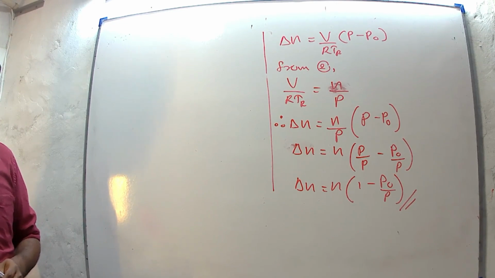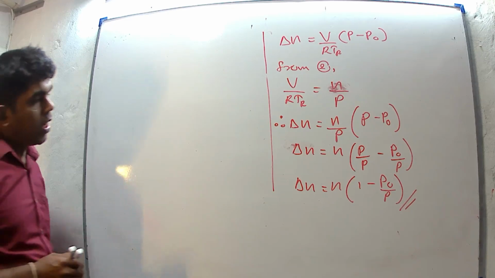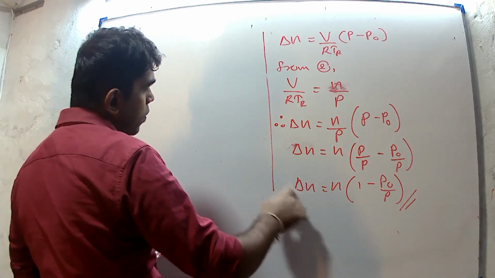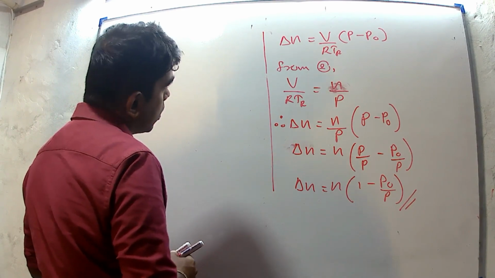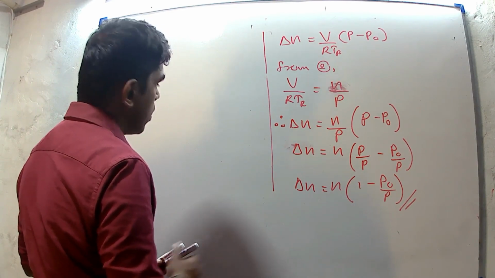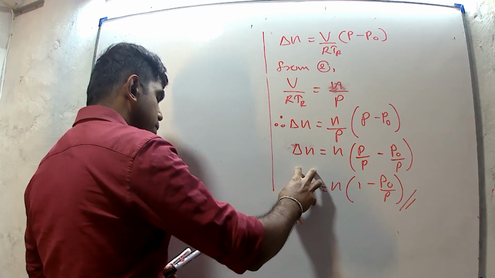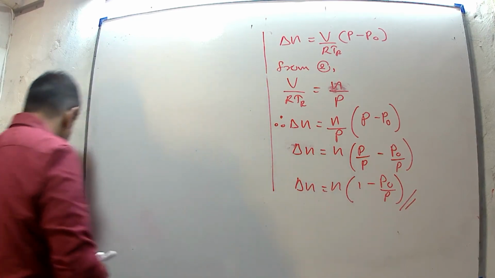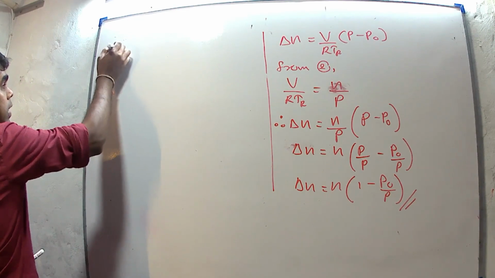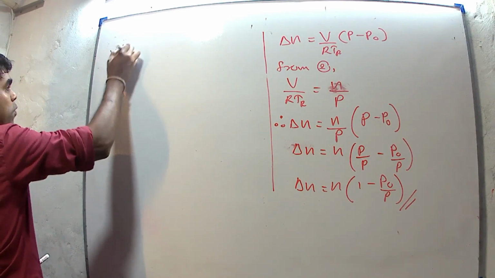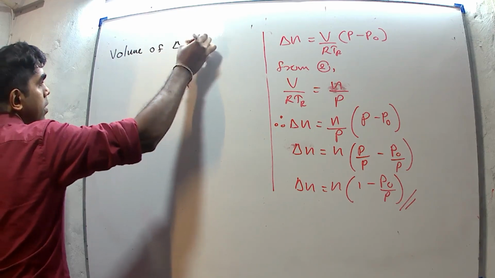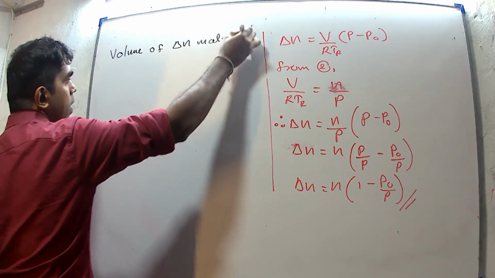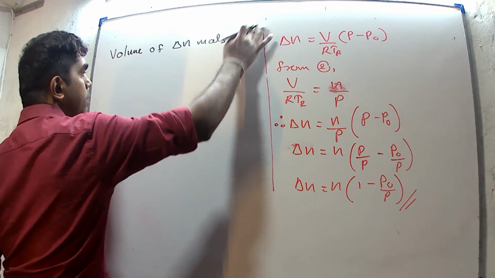I will consider the volume of this delta N, change of number of moles, the volume of delta N moles, as V dash.